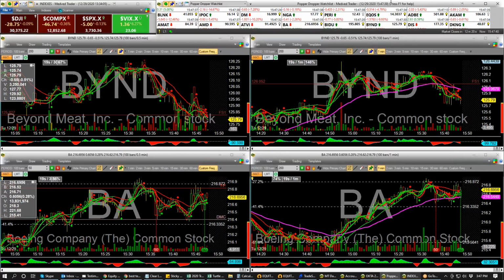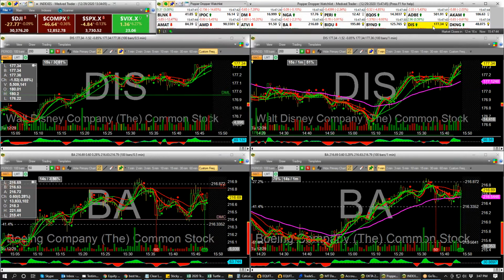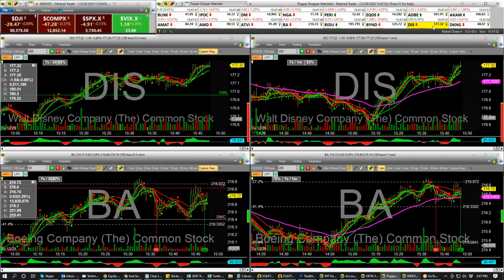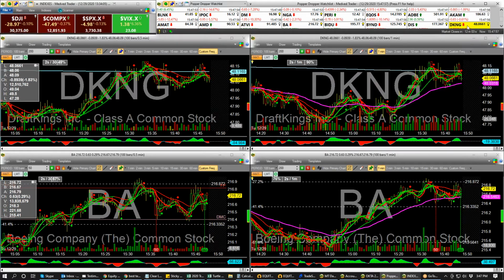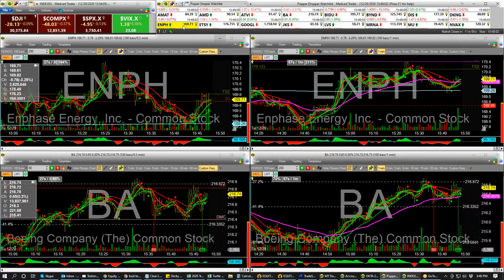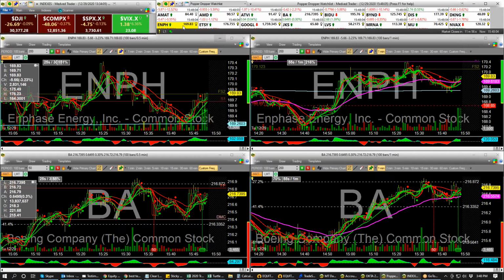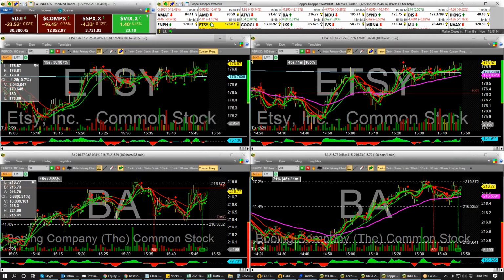Beyond is down on the 8, so we should be looking for shorts. Disney is in the green on the 8, so we should be looking for longs. Play the EPS. DraftKings is green on the 8, so we should be looking for longs. Enphase is green, but it's weak green. Etsy is green.